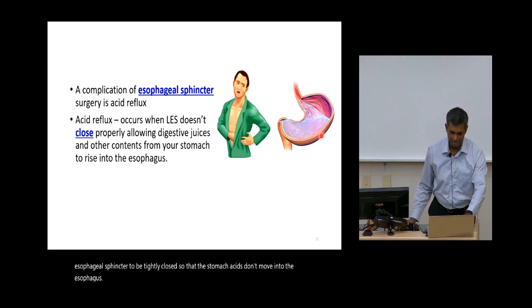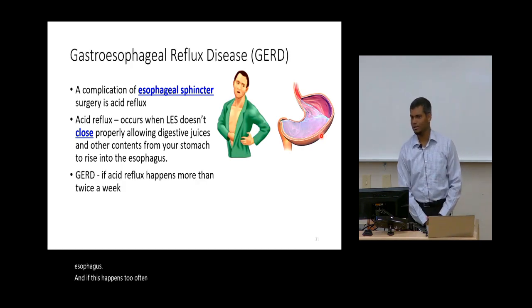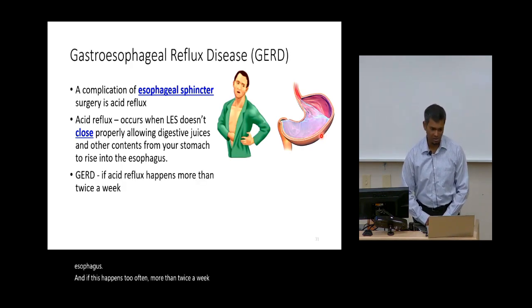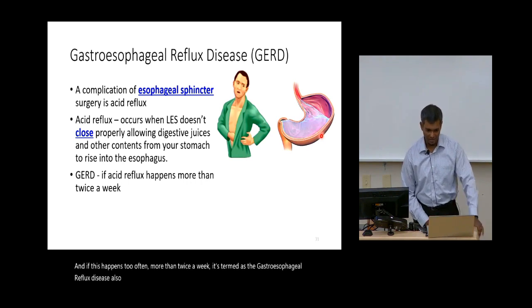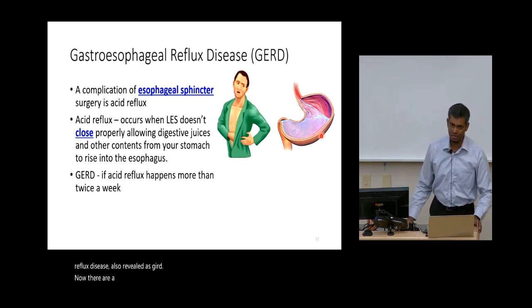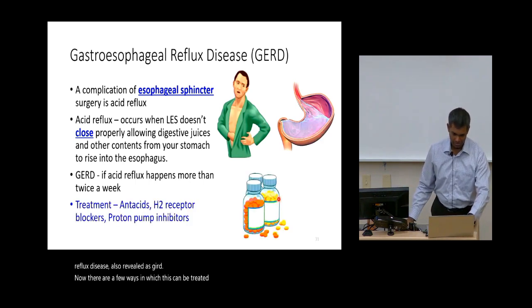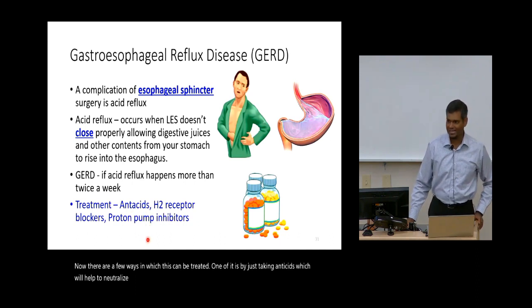And if this happens too often, more than twice a week, it's termed gastroesophageal reflux disease, also abbreviated as GERD. Now there are a few ways in which this can be treated. One is by just taking antacids, which will help to neutralize the stomach acids.